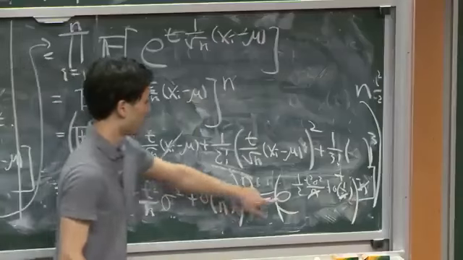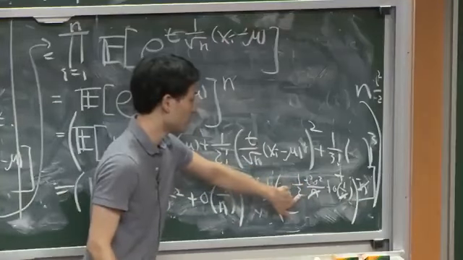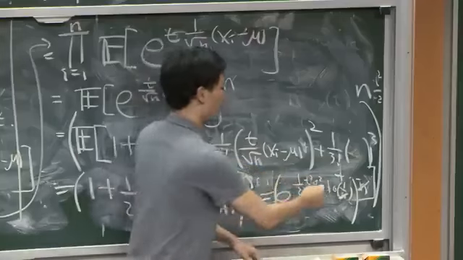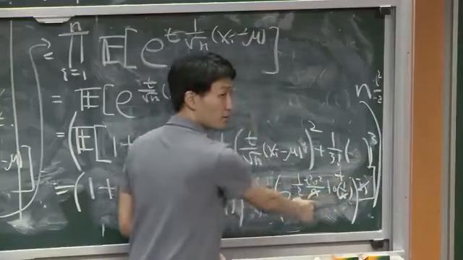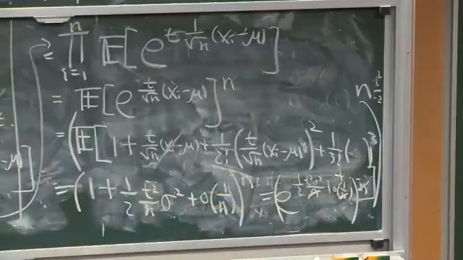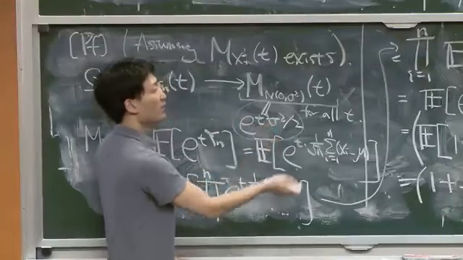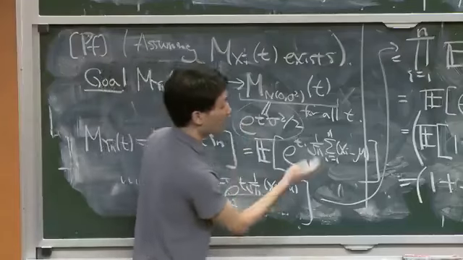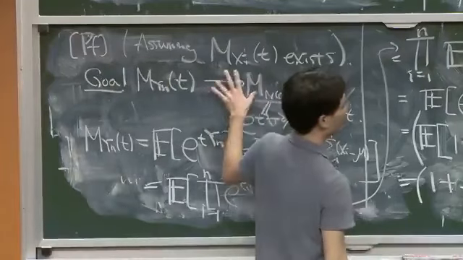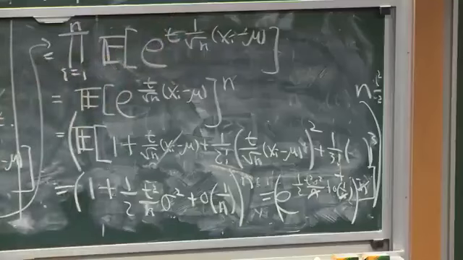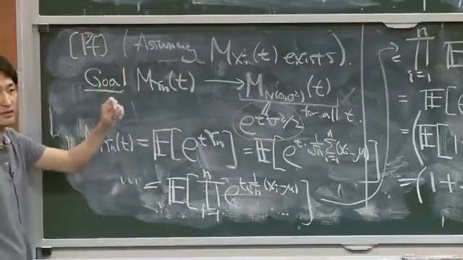And we see that it's e to the t squared sigma squared over 2 plus little o of 1. So if you take n to go to infinity, that term disappears. And we prove that it converges to that. And then by the theorem that I stated before, if we have this, we know that the distribution converges. Any questions?